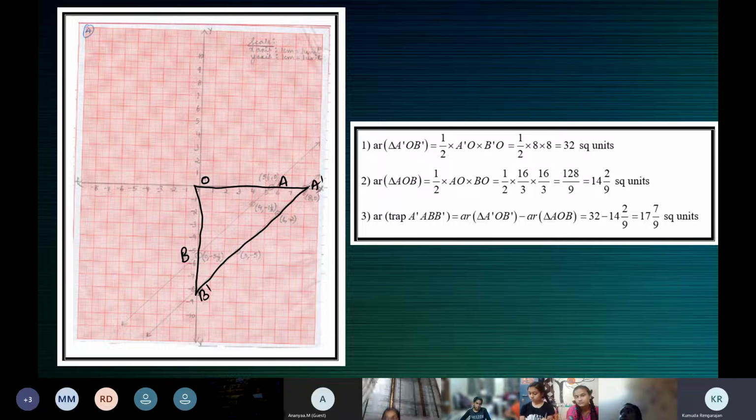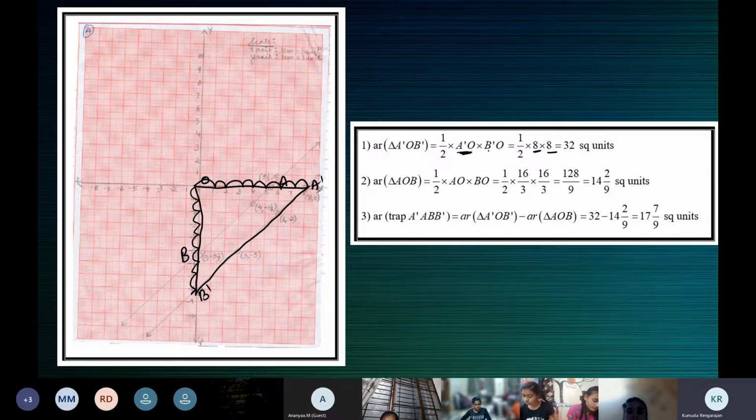The area of this triangle is equal to half base into height. Base, see here: 1, 2, 3, 4, 5, 6, 7, 8 units. Half into base into height. 8 units base, and height is also 8.